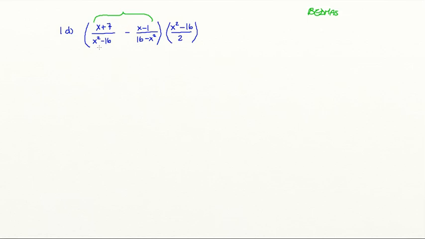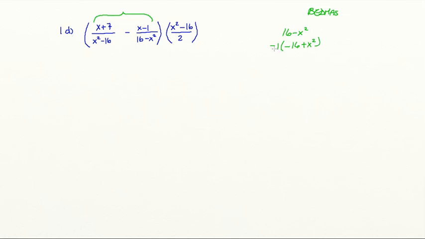And I'm noticing my denominators, I have x squared minus 16 and 16 minus x squared. It would be nice if they were the same, because if they were the same, I already have the lowest common denominator. I want to change this to x squared minus 16, and to do that, I'm going to factor out a negative 1. So it's going to give me negative 16 plus x squared.